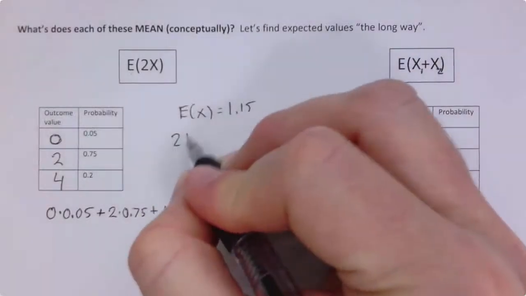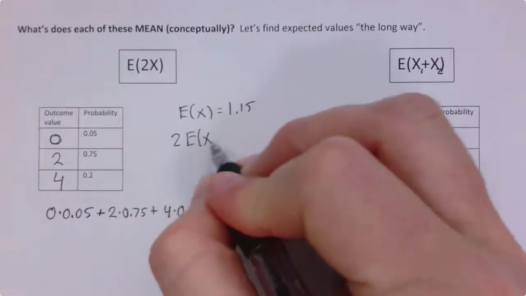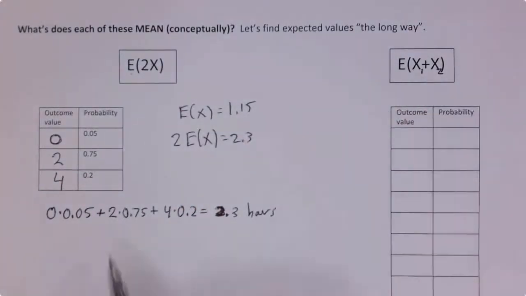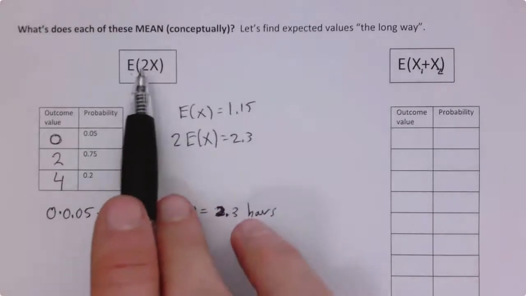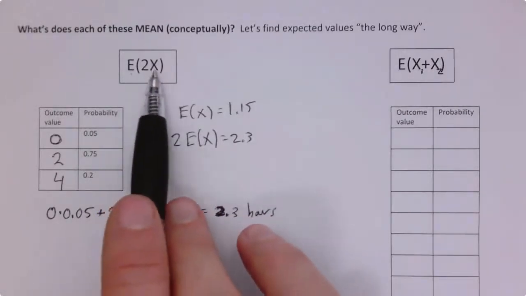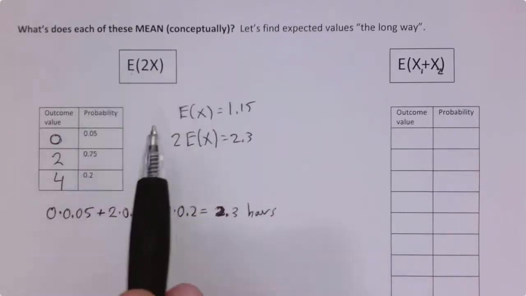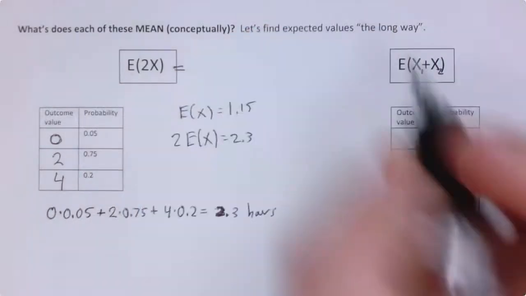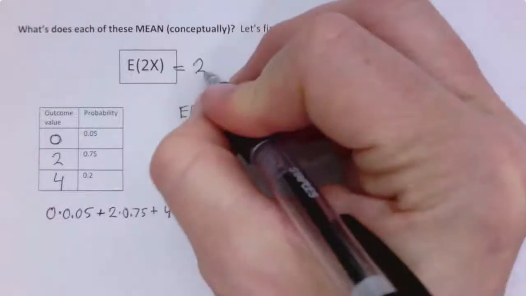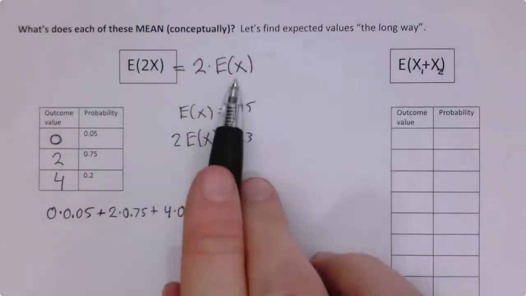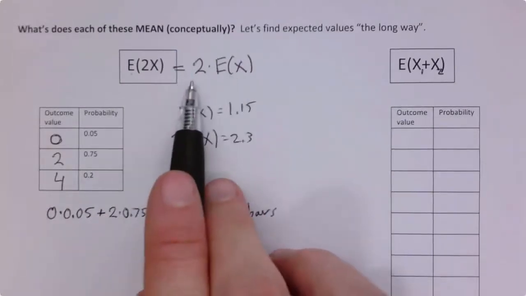And if I take that and multiply it by 2, that gives me the same thing, 2.3. So conceptually, this 2 on the inside is saying, let's double all of the outcome values and then find the expected value. But we've seen from this example anyway that it seems to be the case that you'll get the same answer if you find the expected value first and then you double it.